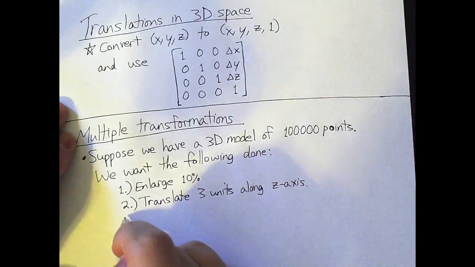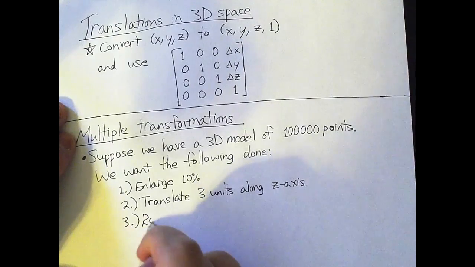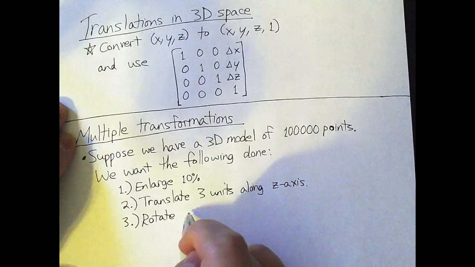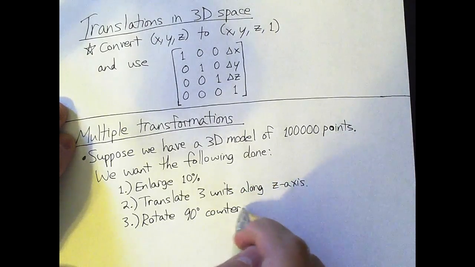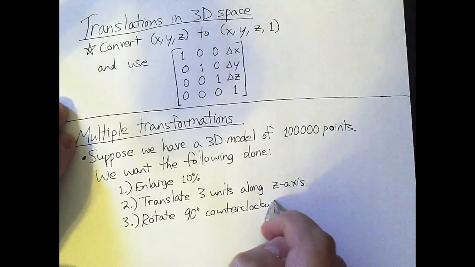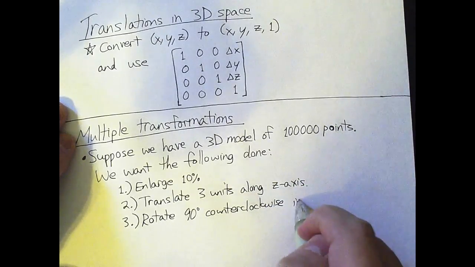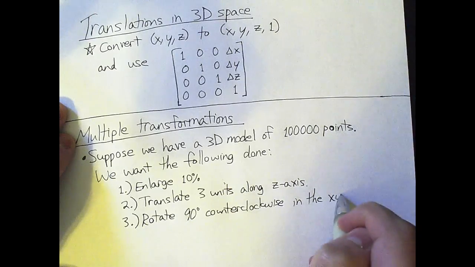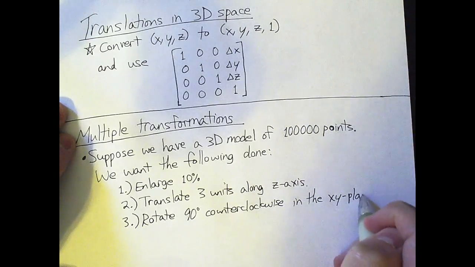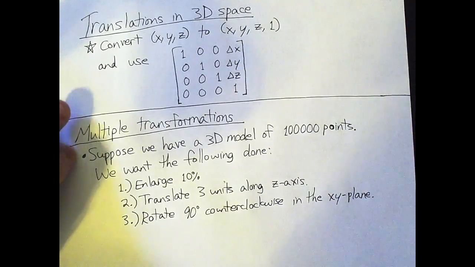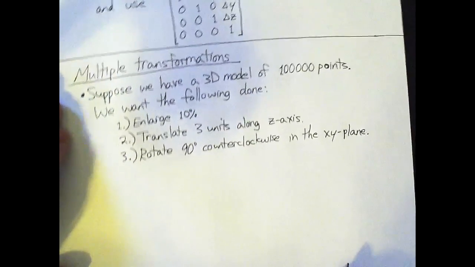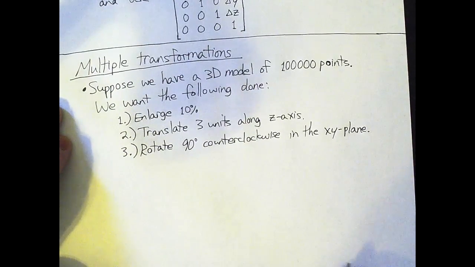And let's say I also want to rotate 90 degrees counterclockwise in the XY plane. So lots of things are happening to this object all at once. In fact, I need to apply this to all 100,000 points.